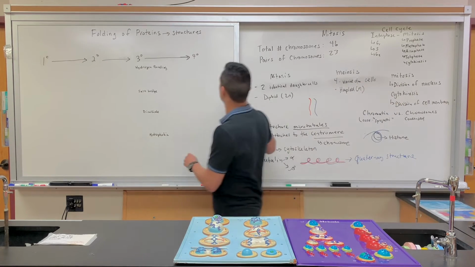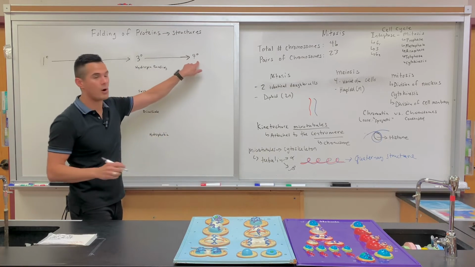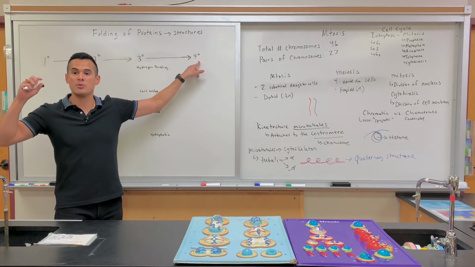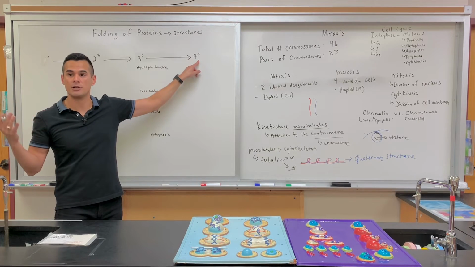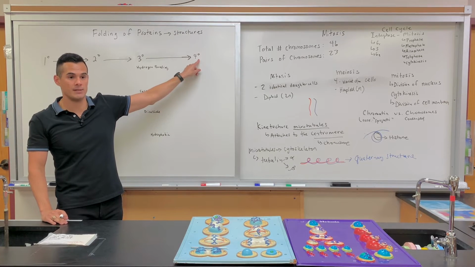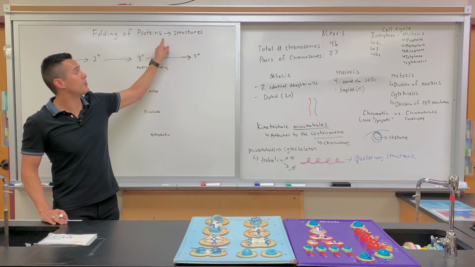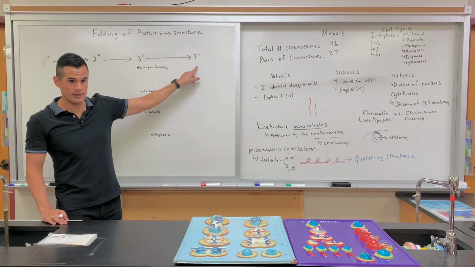So that's over here. This is our quaternary structure, when we have multiple proteins that have completely folded and they're in their native structure, okay? But there's a process for us to get to this point, for the folding of proteins and how they become their mature structure, okay?